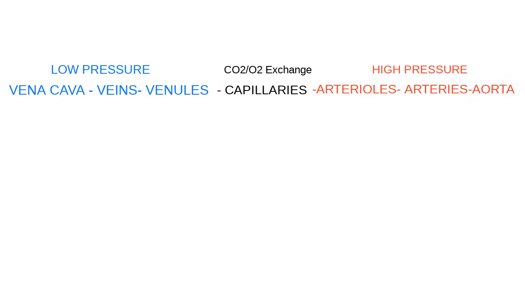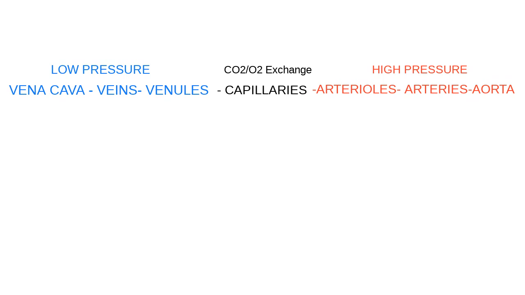Now, the circulatory system has a side that is responsible for high pressure and a side that is responsible for low pressure. The high pressure side is the arteries, and the low pressure side is the veins.